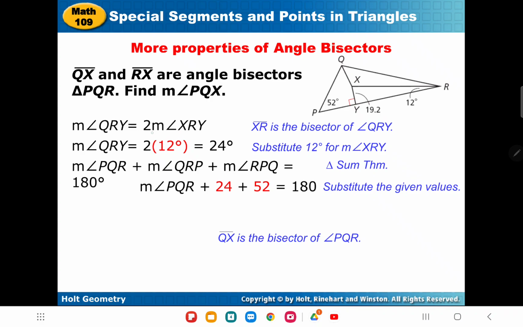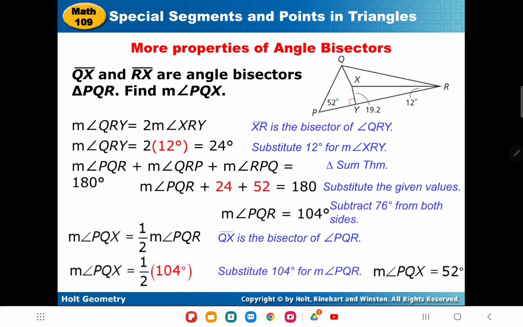A whole lot of stuff just popped up here. Walking through this, QRY is going to be equal to 2 times the measure of XRY, so that's going to be 24 degrees. By the triangle angle sum theorem, all of the angles in here, this is 24 degrees, and here at PQR must add to 180.